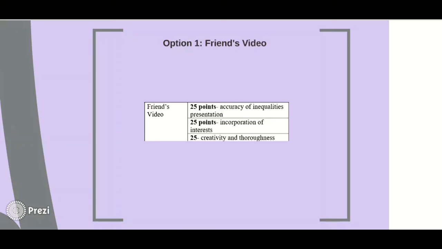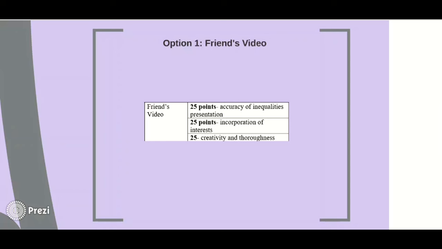So the student is tasked to create a video of what they learned in class today and send it to their friend, and they need to incorporate their friend's interests because they know that their friend struggles a little bit with learning, and they know what their friend's interests are, so they need to incorporate their friend's interests to promote their friend's success in staying caught up with their schoolwork.